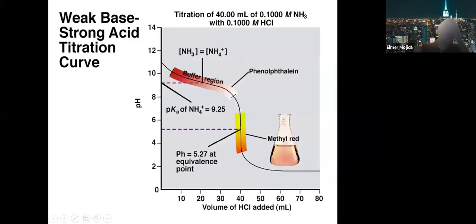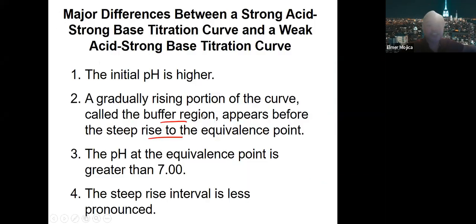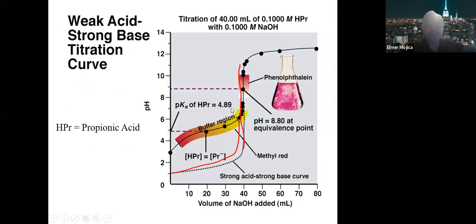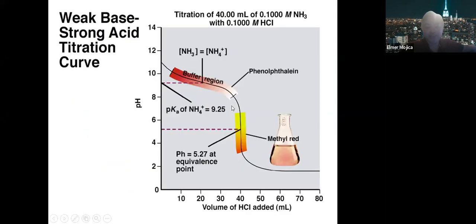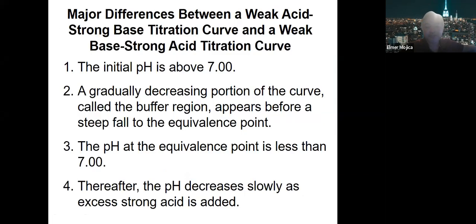Now, if you have a weak base, strong acid titration curve, which we never did, this is how it looks. You start at a high pH and then you add an acid, so the pH goes down. Just like the weak acid, strong base titration, it's like a mirror image of it. The initial pH is above 7, and then you have the decreasing portion of the curve, which is the buffer region.